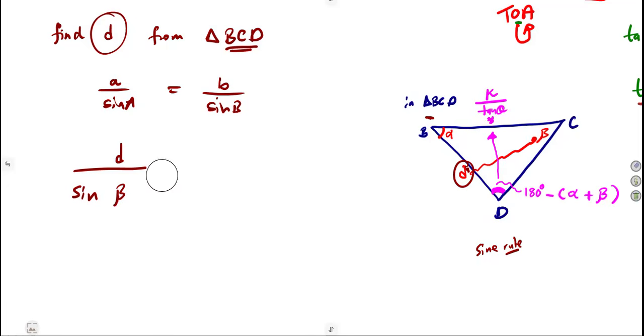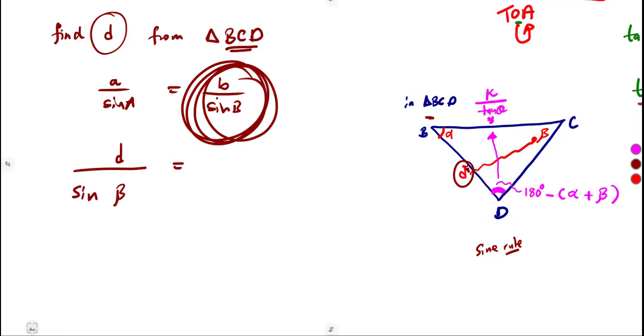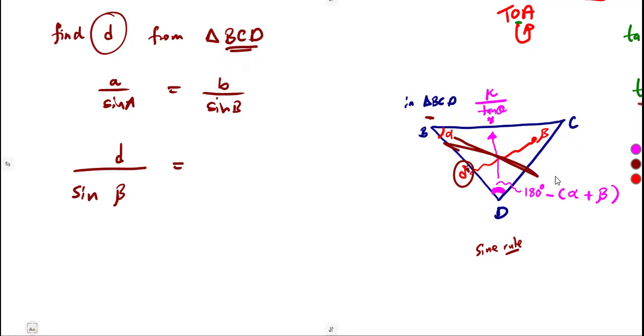So this must be equal to a complete given ratio with a side and the sine of the angle. Alpha is limited because we do not have the side there. So we use BC and the angle opposite it.